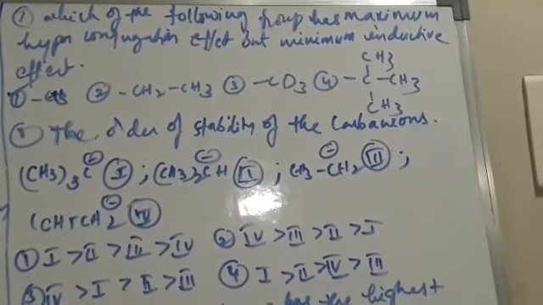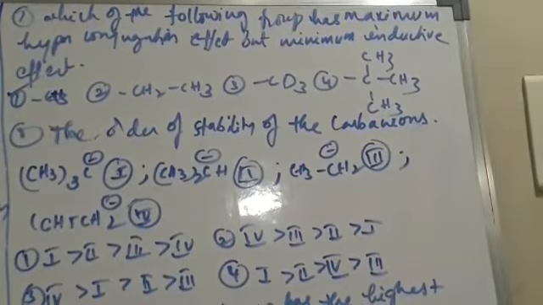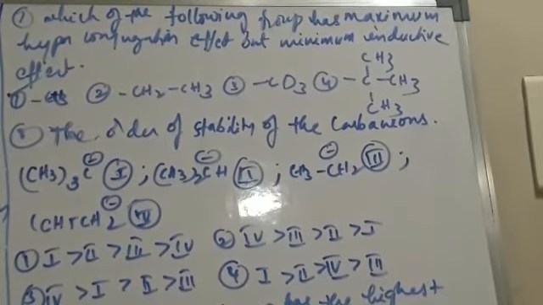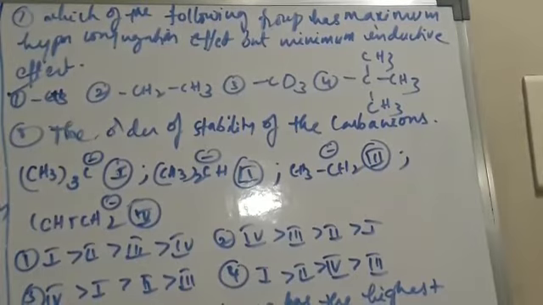Okay. Next, the order of stability of carbanions. The stability order of carbanions is reverse to carbocation. So here methyl is greater than primary, primary is greater than secondary, secondary is greater than tertiary. With that, aromatic carbanions, the benzyl carbanion, is more stable than the aliphatic ones.